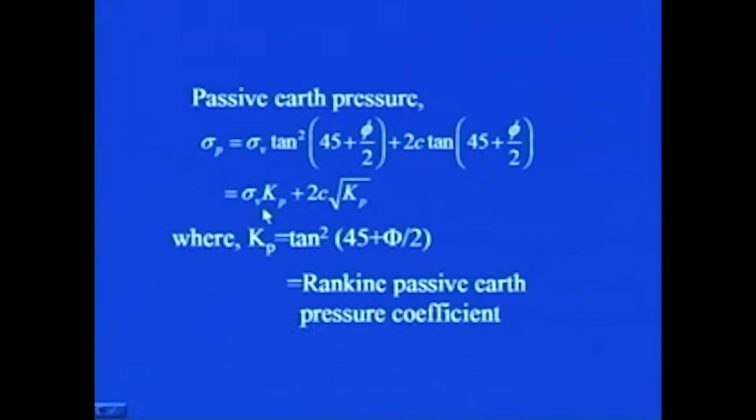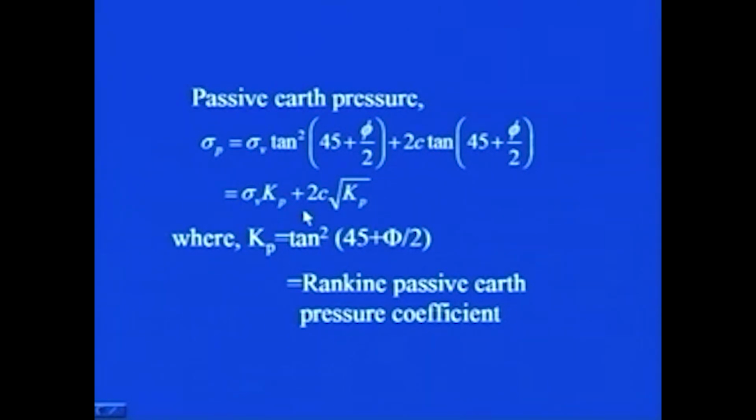Now, let us see how you can plot this in pictorial form. You have this equation: sigma p equals sigma v Kp plus 2c square root of Kp. At depth z equal to H, in the absence of a water table, your sigma v value will be equal to gamma times H, and you have two terms, as there were in the active case.